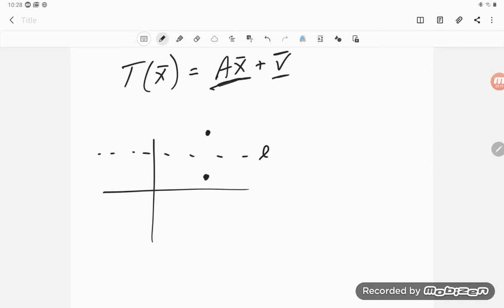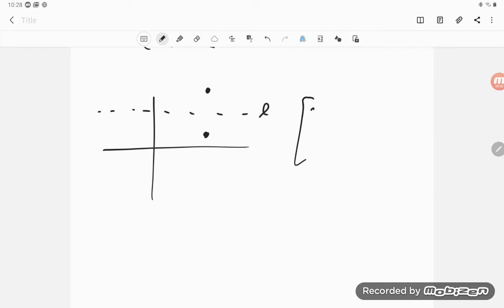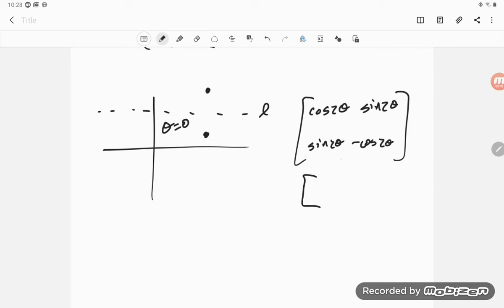And so, if we look at, remember that reflection was supposed to be, what was it? A was cosine 2 theta, sine 2 theta, and sine 2 theta, and minus cosine 2 theta. Well, here theta equals 0, so that would be the matrix 1, 0, 0, negative 1.